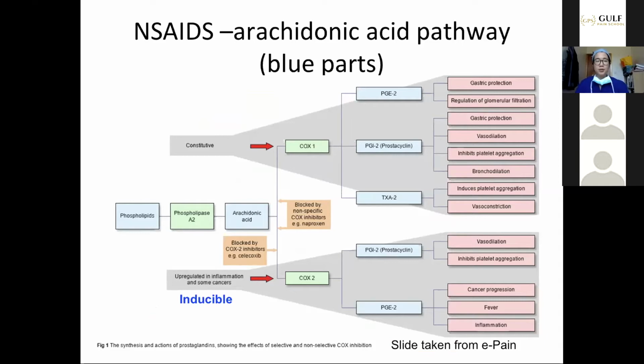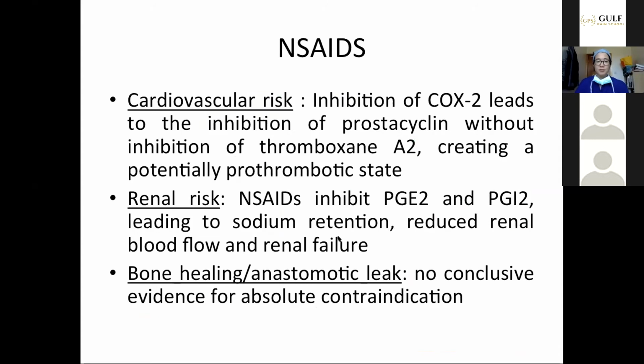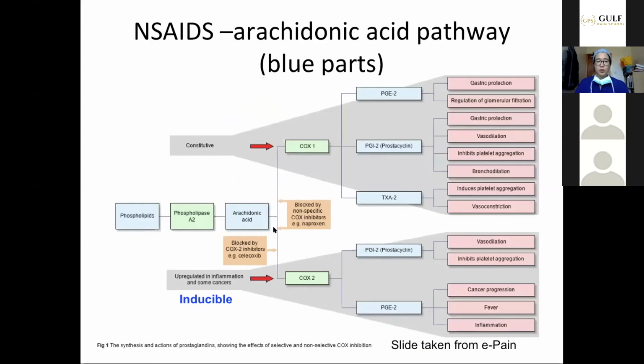Okay, and then we go to nonsteroidals. I'm afraid you're going to have to memorize the arachidonic acid pathway, where your arachidonic acid is transformed into different prostaglandins. You have COX-1 as constitutive and COX-2 as inducible as well, which happens when there is inflammation, and also in some cancers.